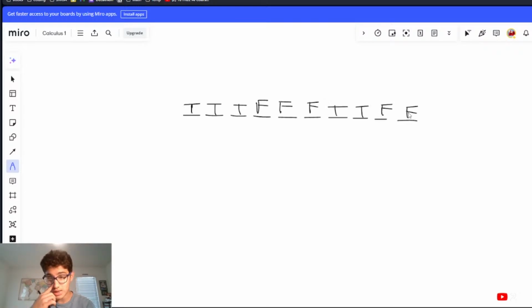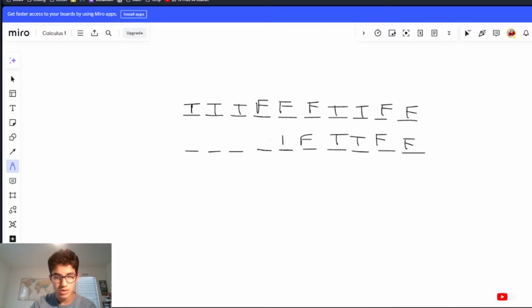What if I instead said that the 3 that I'm setting to be false are placed differently, and then after that, true, true, false, false, true, true, true. These are all the same things.